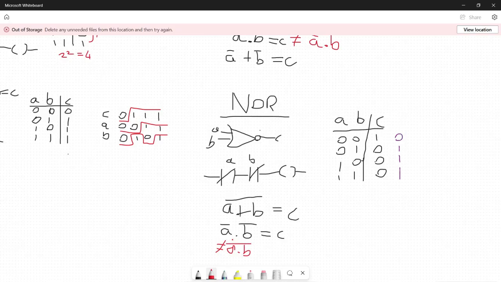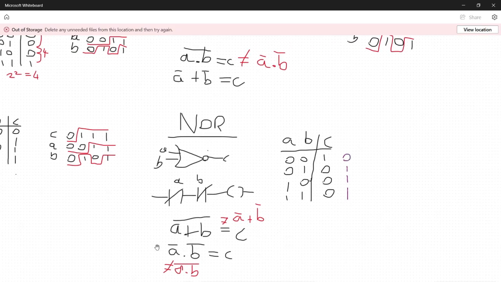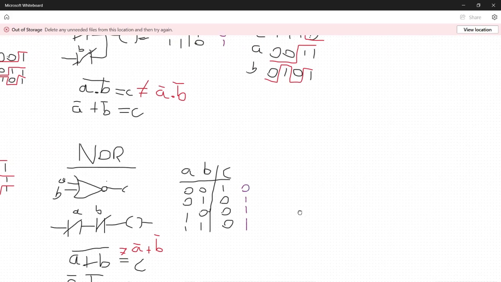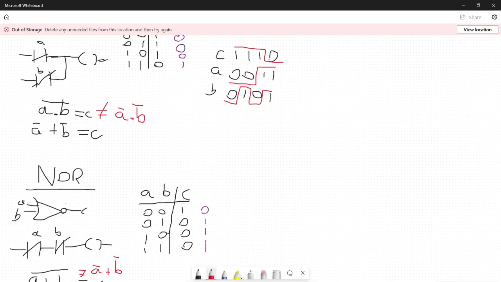It's not the same. Just like this isn't the same as A inverted plus B inverted. It's not the same. And once again, I'll leave it up to you. You can go and work with this, prove that it works, but we'll discuss more of it also in the next video.